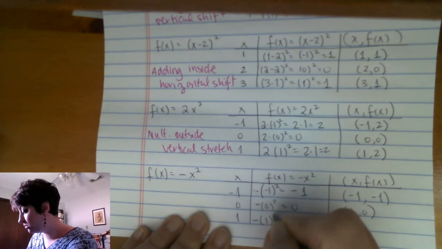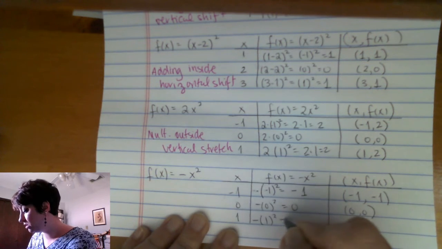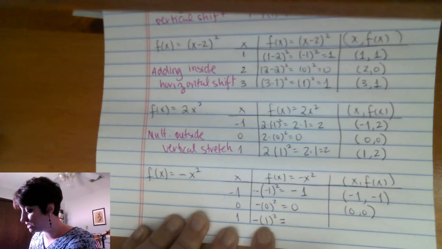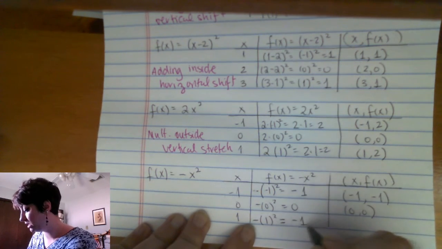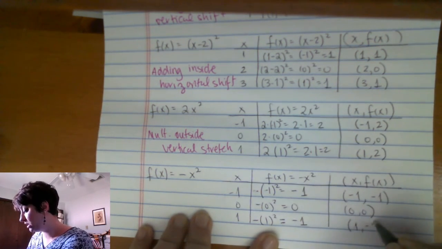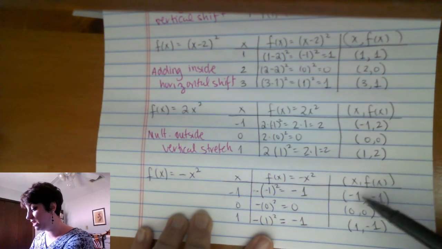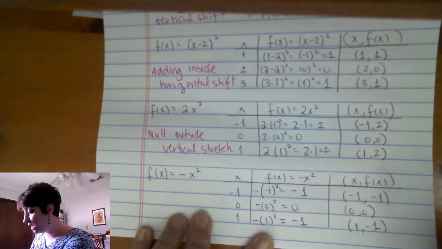And then 1. So the negative is on the outside. So I square. 1 squared is 1. Then I hit a negative, negative 1. So 1, negative 1. So the x's are the same, negative 1, 0, 1. The y's are opposite. Instead of 1, 0, 1, they're negative 1, 0, negative 1.